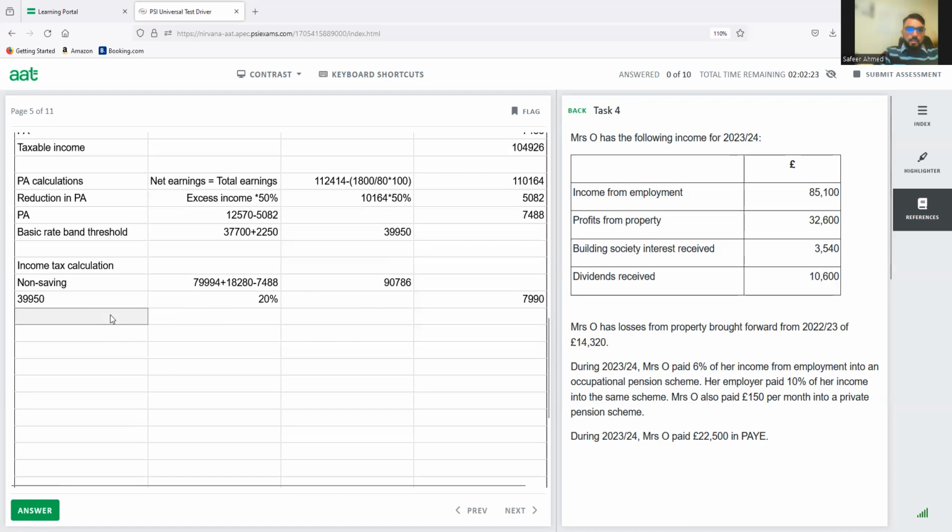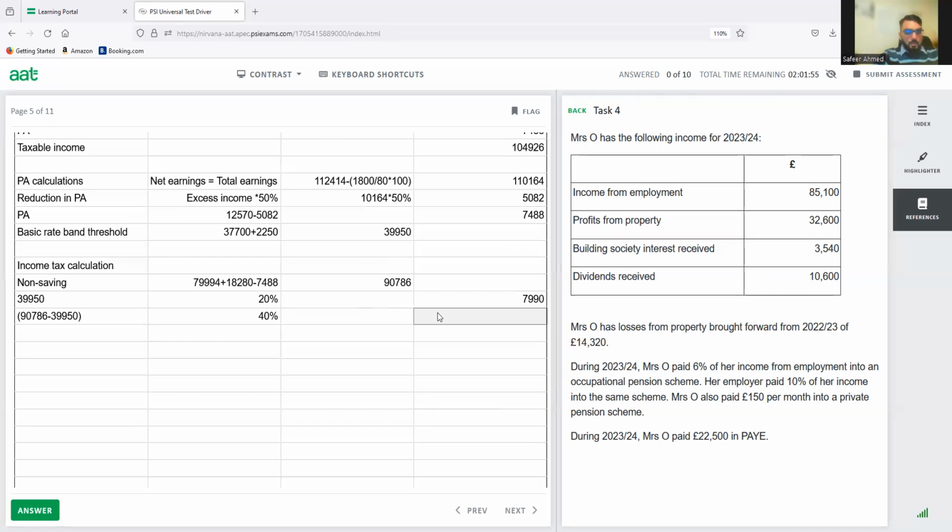And anything more than that, so we already determined that the taxable non-saving income is 9786. So in other words, this will be 9786 minus the income we already calculated tax on, which is 39,950. On this income, the tax rate will be higher rate, which is 40%.